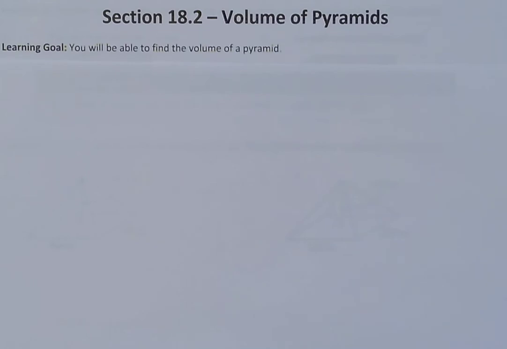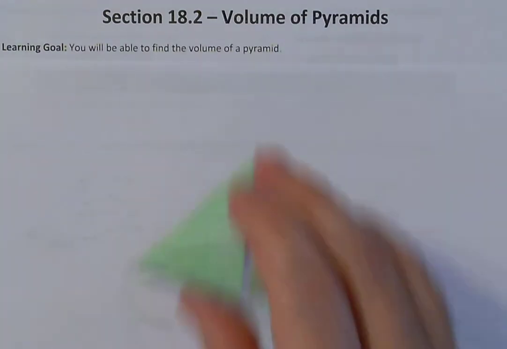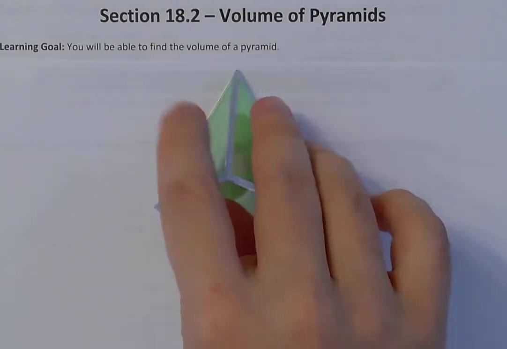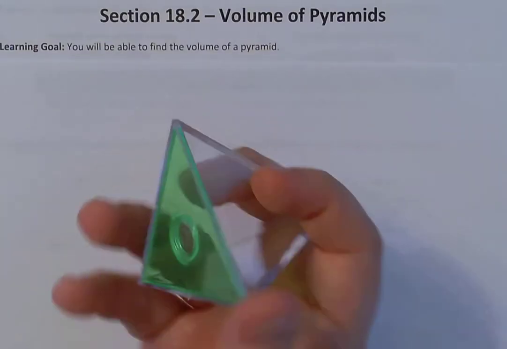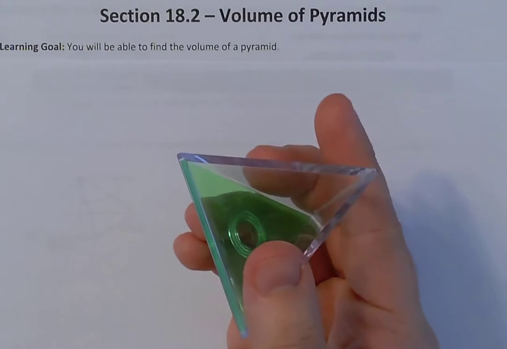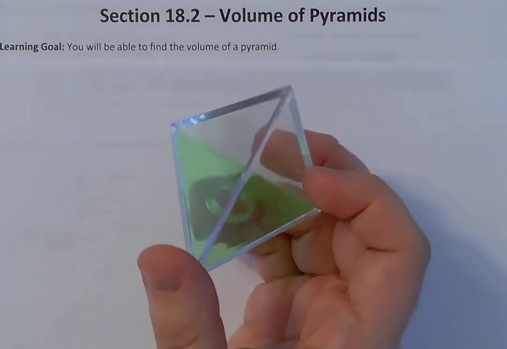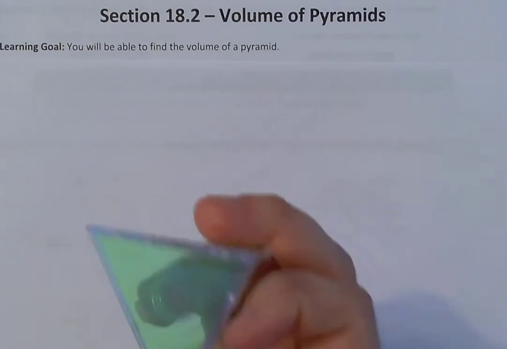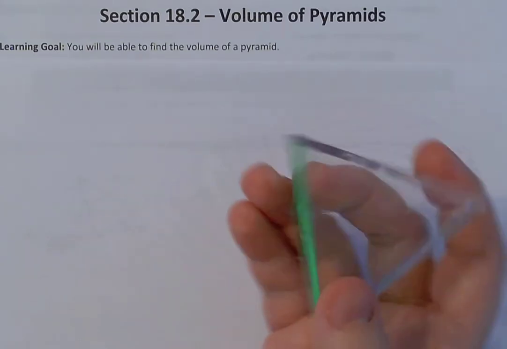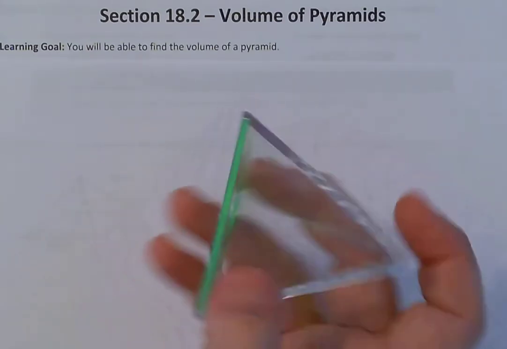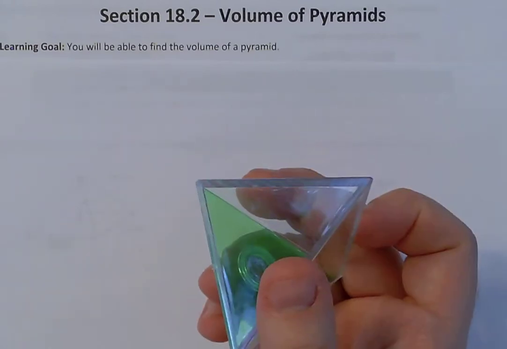Now, today we are focusing on pyramids. A pyramid has one single base, and the sides are made up of triangles, and they all meet at one point at the top. This is called a triangular pyramid, where the base is a triangle and the sides are all triangles.